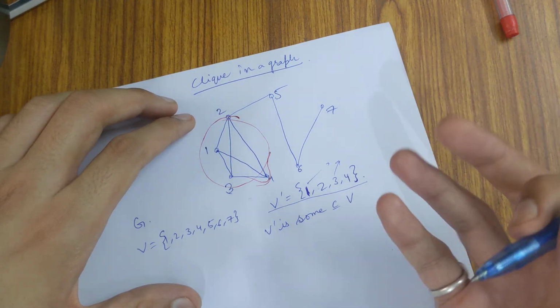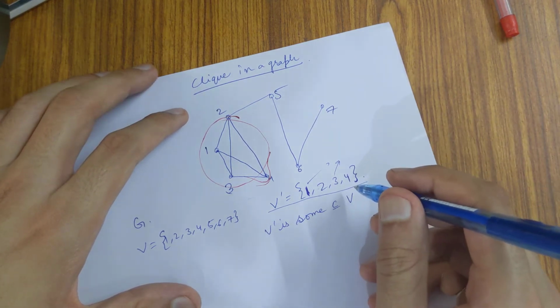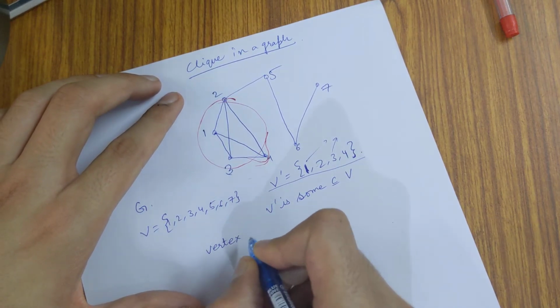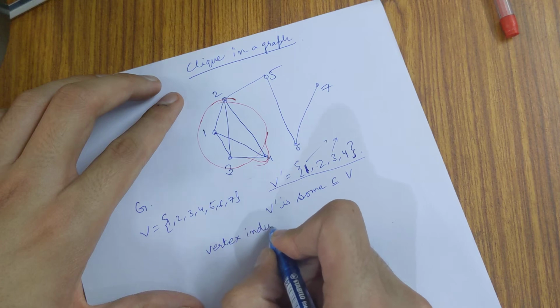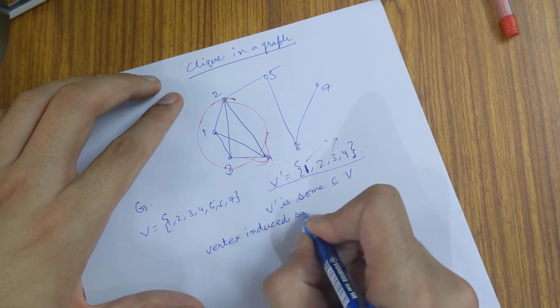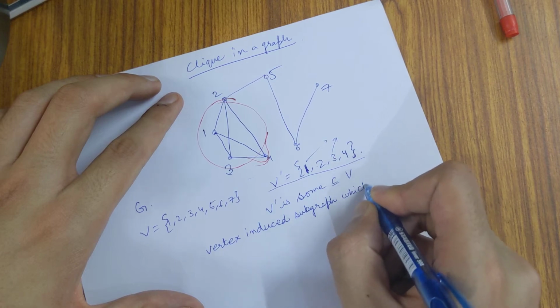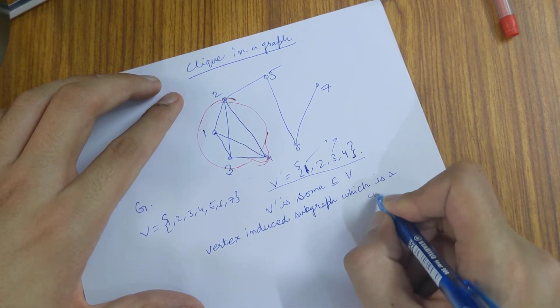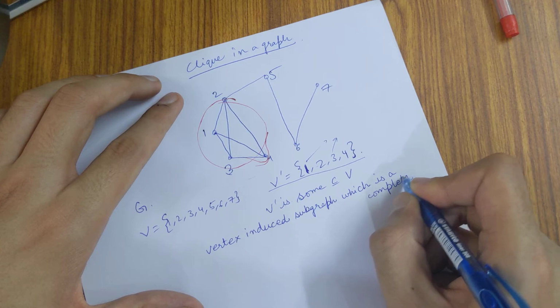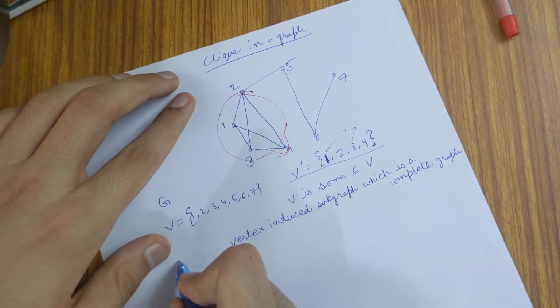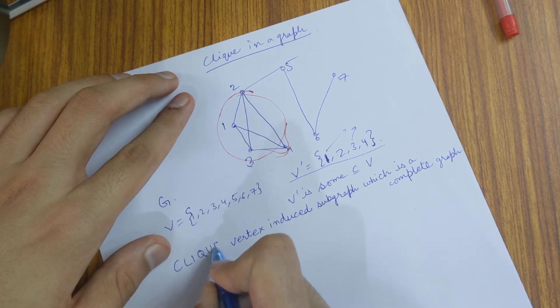That is another way of stating the same definition. I will write it down here to make it more clear: a vertex induced subgraph which is a complete graph is called a clique.